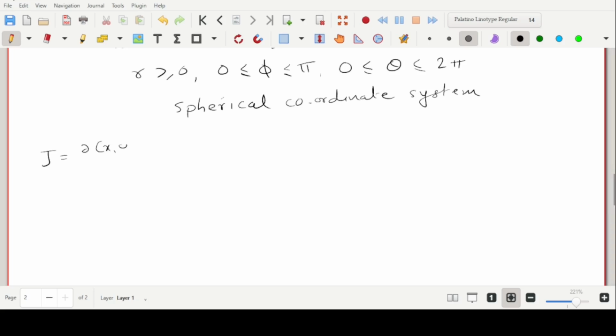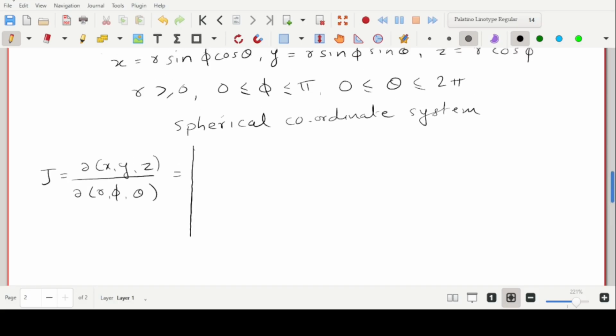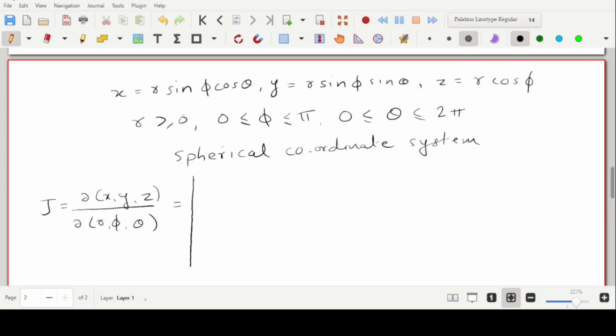It is del x y z over del r phi theta, that is: del x over del r is sine phi cos theta, del y over del r is sine phi sine theta, and del z over del r is cos phi.